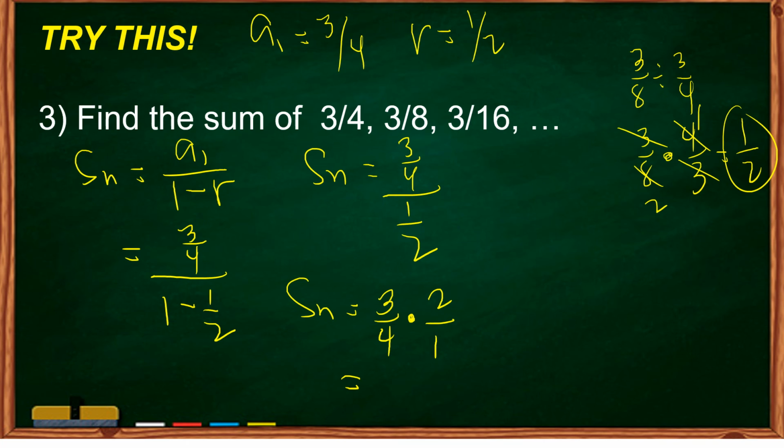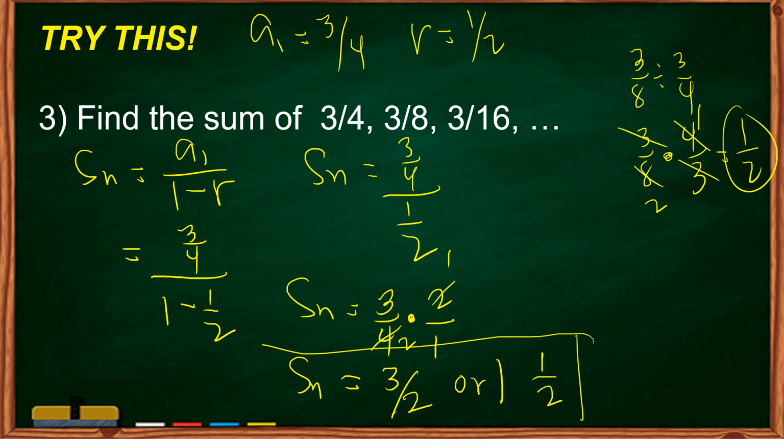And the 2 and the 4 are both divisible by 2. So this becomes 1, this becomes 2. So it will give us 3 halves or 1 and 1/2. So therefore, the sum is 3 halves or 1 and 1/2. So if you add all of that, it will give you 3 halves or 1 and 1/2.